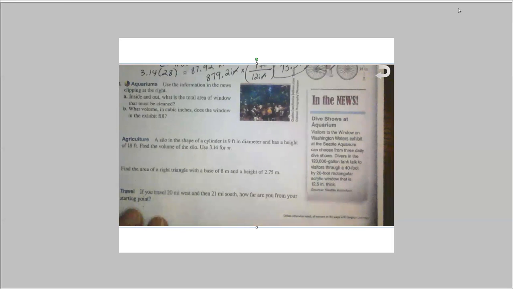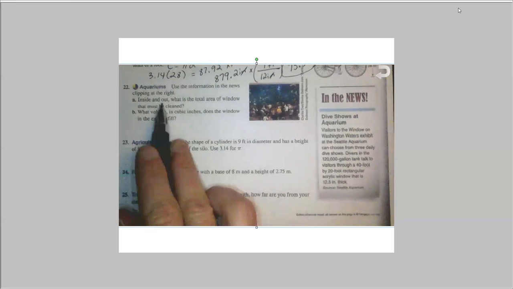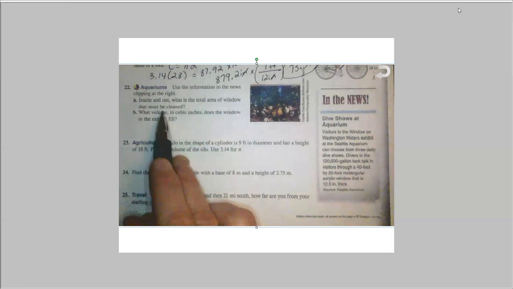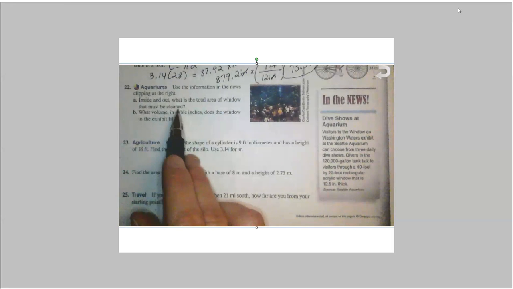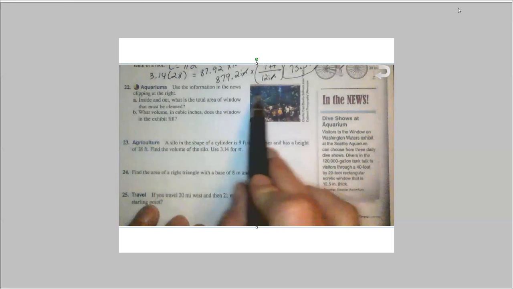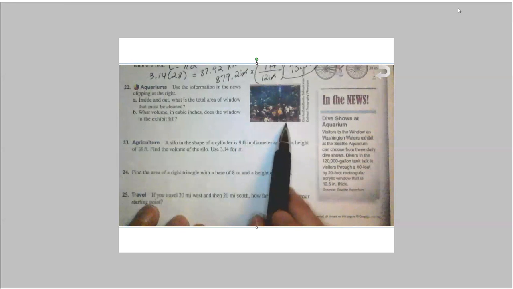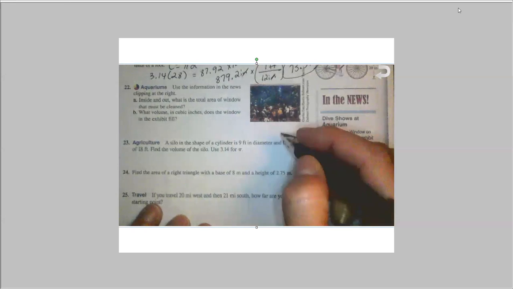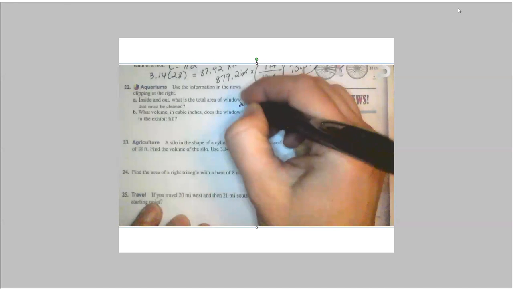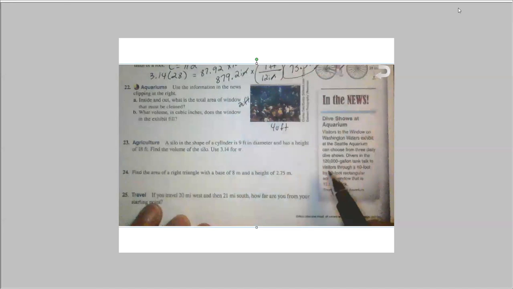All right, so inside and out, what is the total area of window that must be cleaned? Okay, so inside and out. That means if I clean the outside of the mirror and then again the inside of that mirror. Remember, area is length times width. It was a 40-foot by 20-foot window.